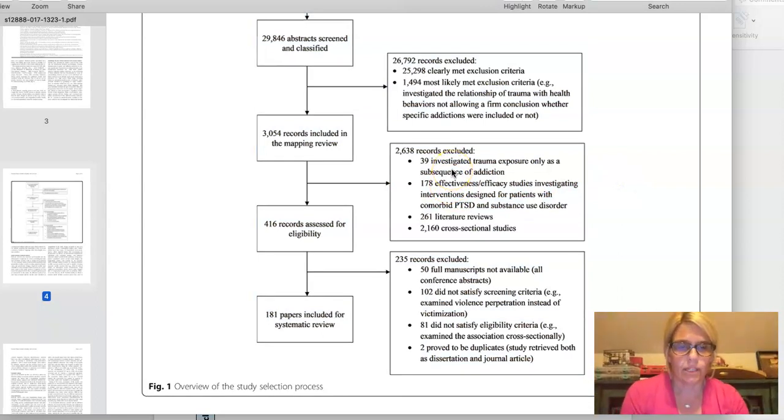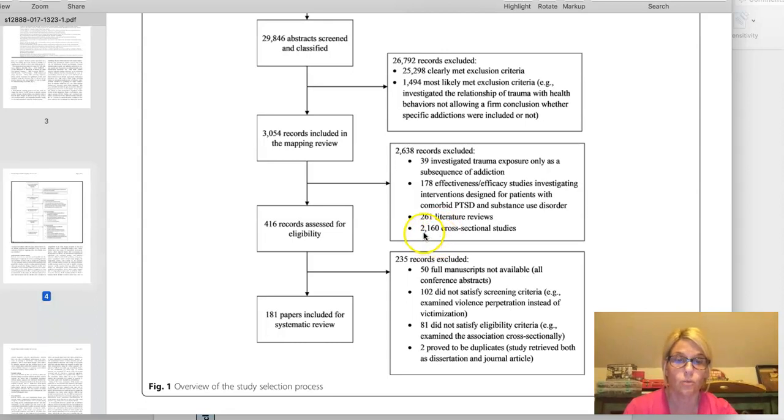So 39 investigated trauma only as a subsequence of addiction. 261 were literature reviews, 2,100 were cross-sectional studies. So I don't know what their exclusion criteria were, but these are the reasons that these were specifically excluded. So then once they got rid of the 2,600, they were left with 416.